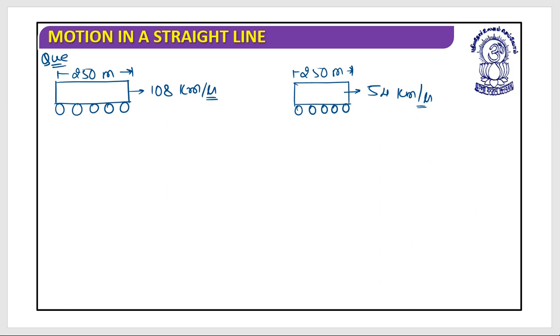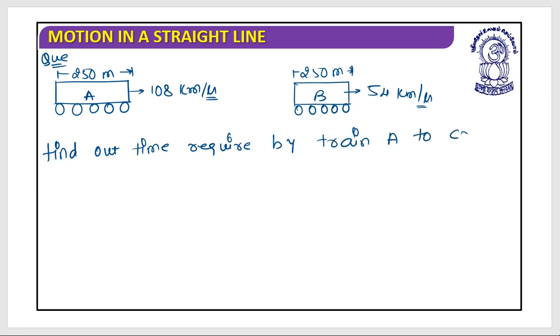So if I have been asked to find out the time required, let's say this is train A and this is train B, the time required by train A to cross train B. How can you do this?